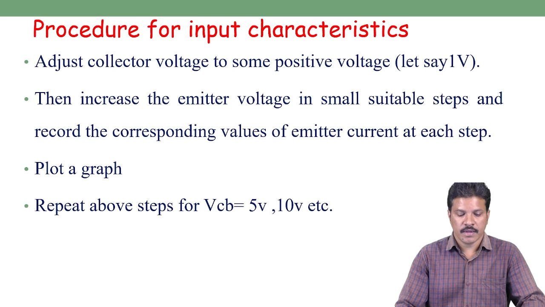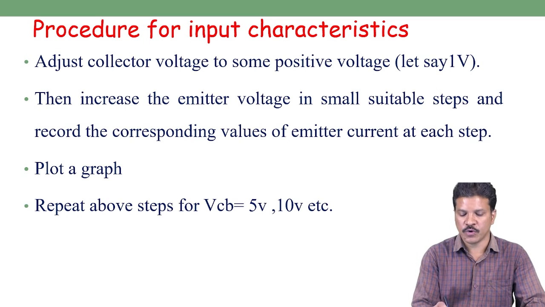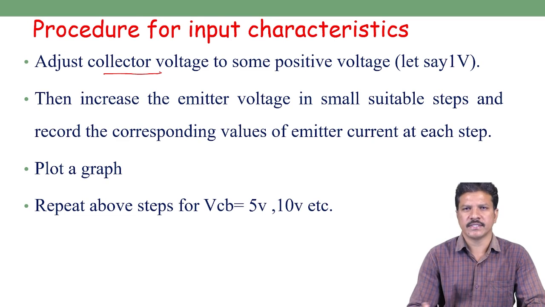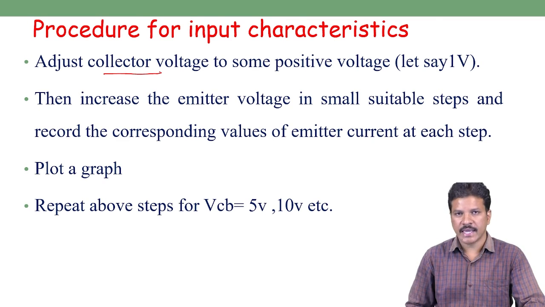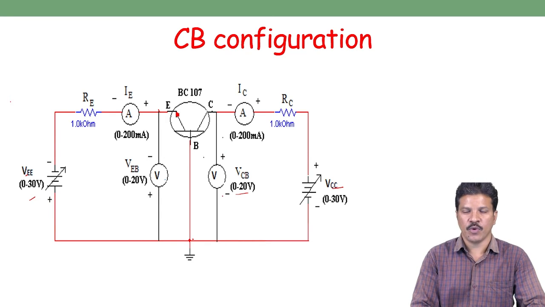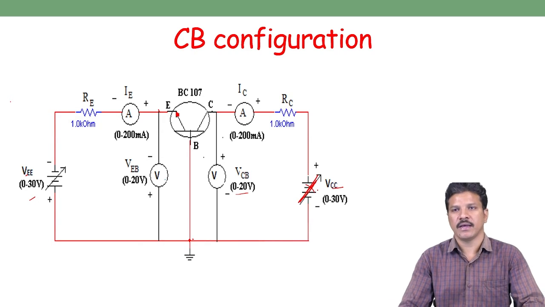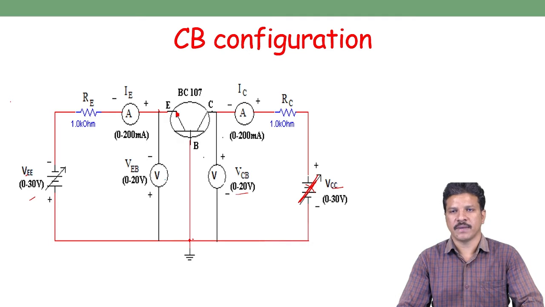So the first step is to keep the output voltage constant, keeping the collector base junction constant. How can we keep the collector base junction constant? By keeping a constant voltage at the collector VCC supply.